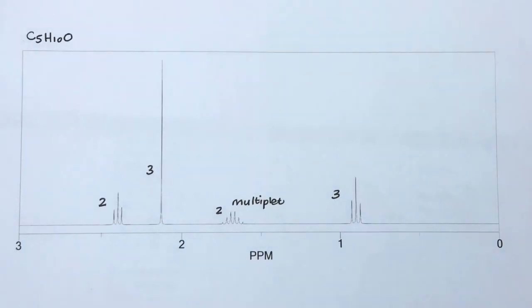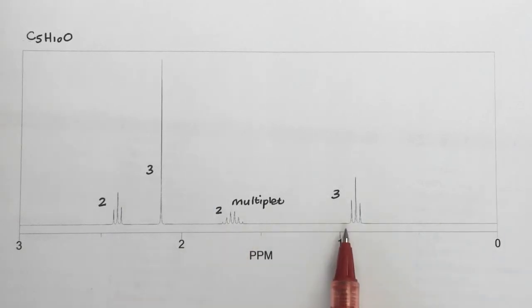So this is the example that I've chosen for you, and you can see that it has 4 proton resonances. If we look carefully, most of these are in the shielded region of the spectrum.